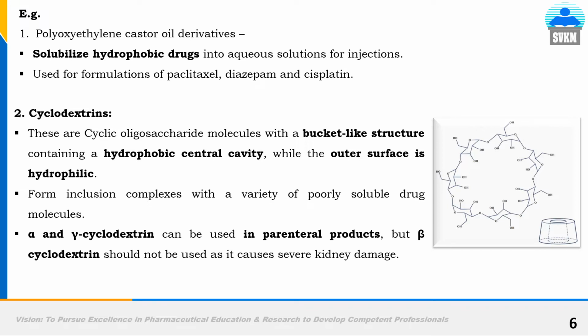These cyclodextrin molecules form inclusion complexes with a variety of poorly water soluble molecules. We can utilize alpha and gamma cyclodextrins in parenteral products. However, beta cyclodextrins cannot be utilized because they may cause severe kidney damage.